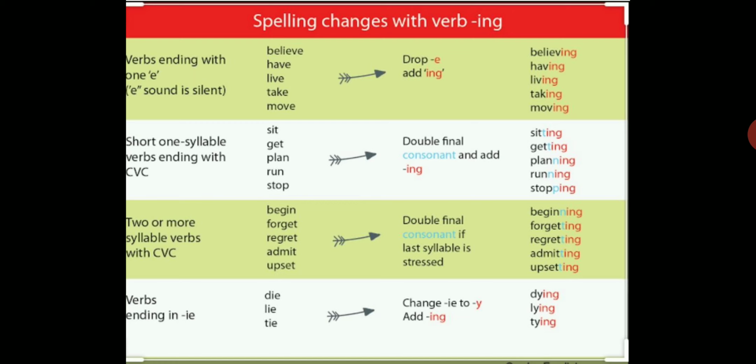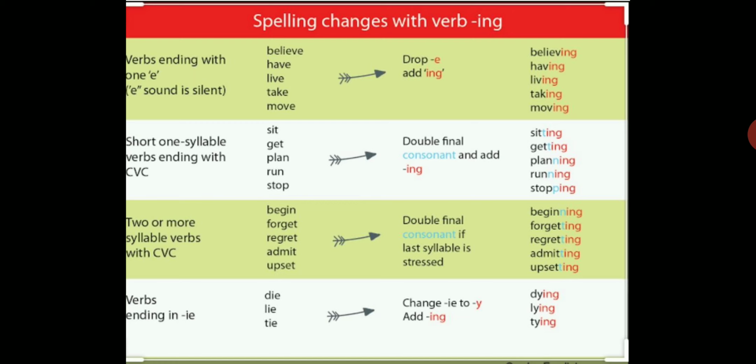And one more rule is that if the last letter is E, and before E there is a vowel, then we remove the vowel and add y plus ing. For example, die. We remove I and E and then we add ying.